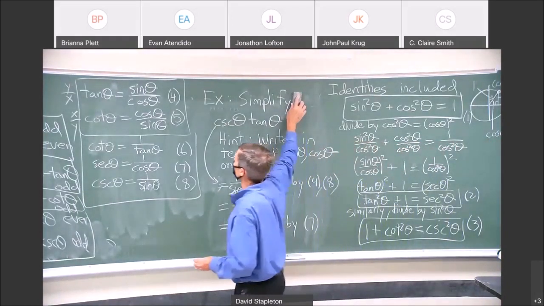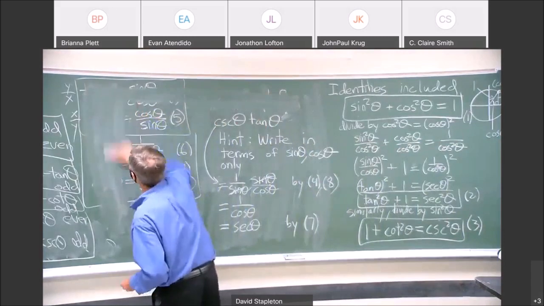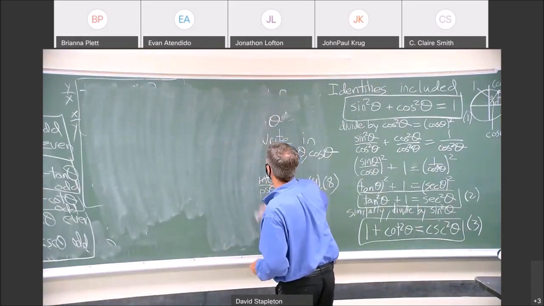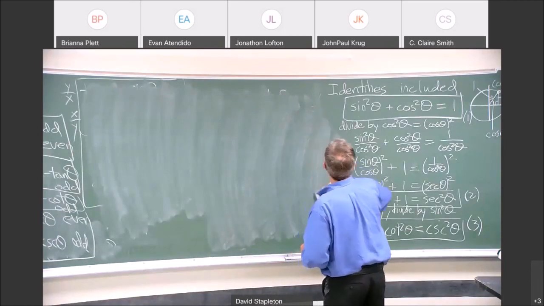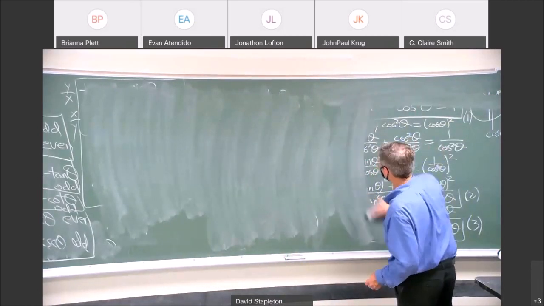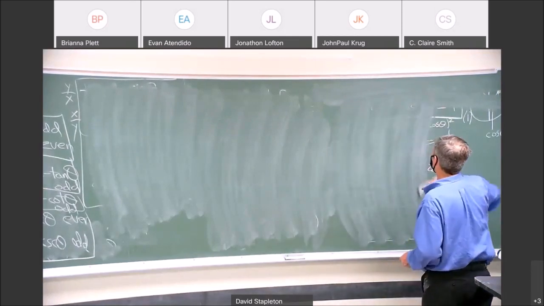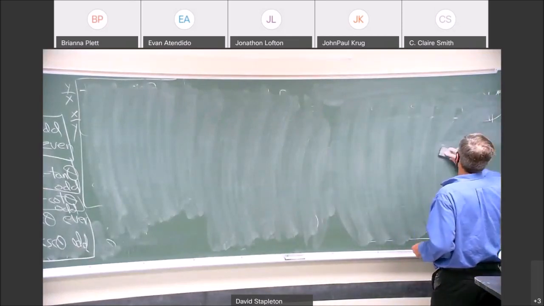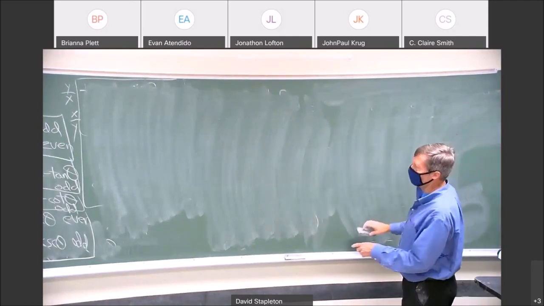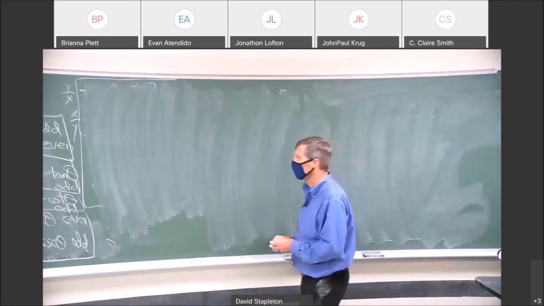Carry this over here then. We can fit this in. Now, some very important things you want to be able to solve. I said one thing you want to be able to do is reduce identities by writing them in terms of sine and cosine only, or by applying one of these identities directly.